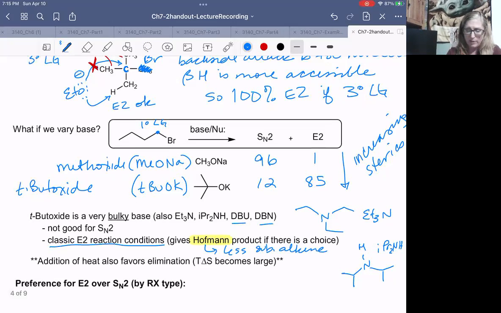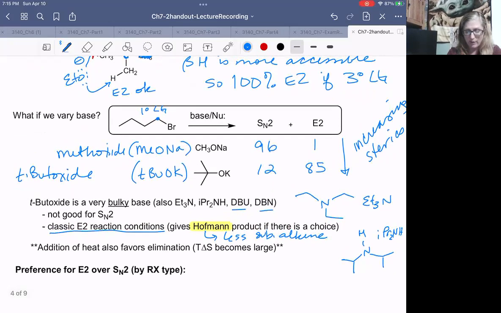Okay, what else can we do to favor elimination? One other thing we could do is add heat. Addition of heat always favors elimination because we get an increase in entropy. Elimination reactions cause an increase in entropy because we're losing our leaving group, making an alkene and a leaving group, so we are increasing the number of chemical species.